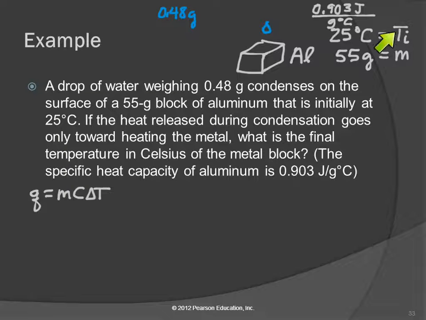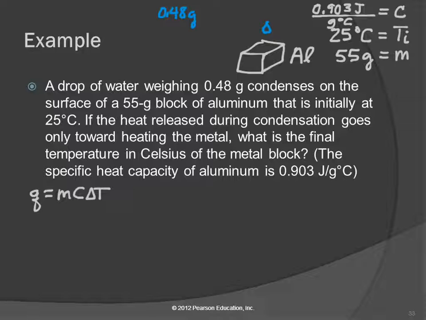Here we've got an initial temperature. We're trying to find the final temperature. We've got a mass. We've got C. That's what this is. The specific heat capacity is C. But we don't know what Q is, do we? Where is the heat coming from? The water condensing, right?